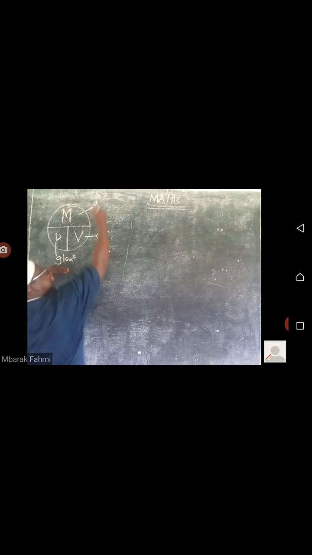The density is what determines the two. If we have the density in grams per cubic centimeter, then the mass must be in grams and the volume must be in cubic centimeters.